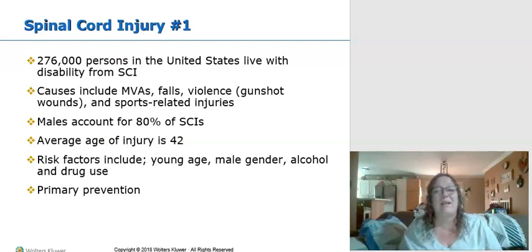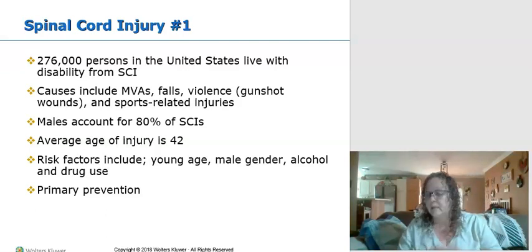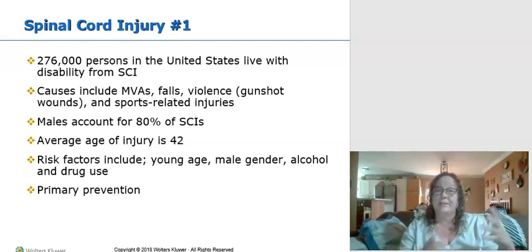Males account for about 80% of all spinal cord injuries, as they tend to be, generalized statement here, more impulsive, bigger risk takers, involved in more high risk sports, skydiving, that sort of thing, right?